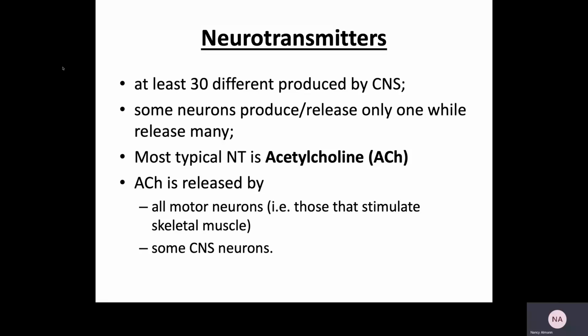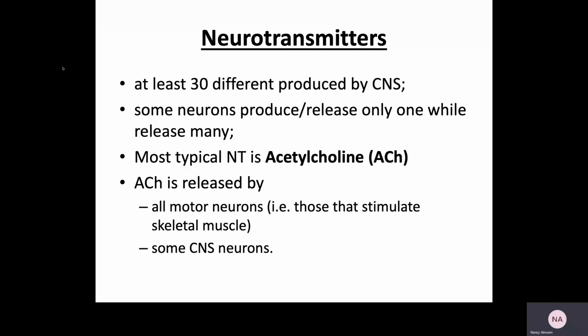You need to know about some of the neurotransmitters that we discuss. There are at least 30 that are going to be produced throughout the central nervous system. Some neurons are going to produce and secrete a single neurotransmitter. Others will produce and secrete numerous neurotransmitters. Most typically, the neurotransmitter you will see is acetylcholine.